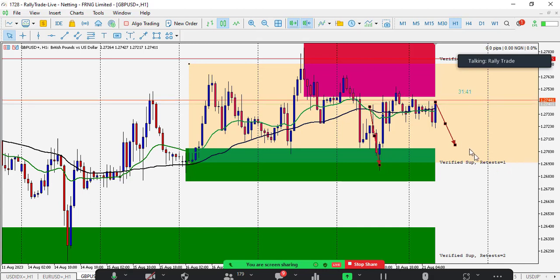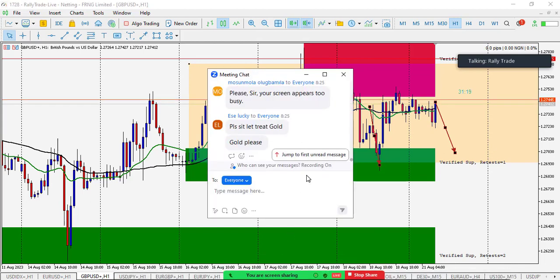If the market can trade again towards this area, I would like to do a buy. That will be a buy limit. A buy limit is a pending order for buying at a much better price. A better price is a lower price. So if you want to buy at a lower price, you should be using a buy limit.